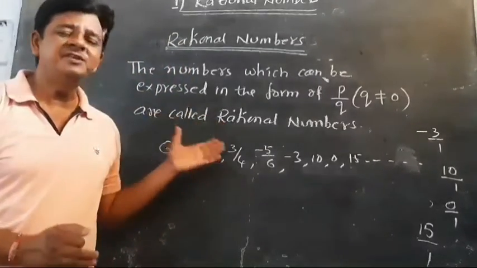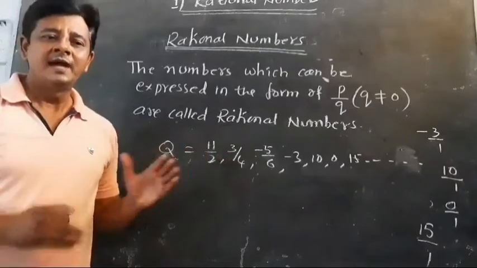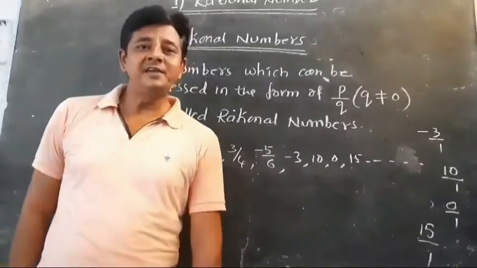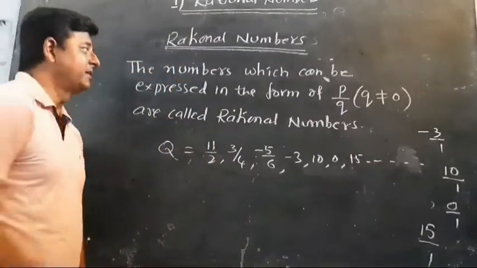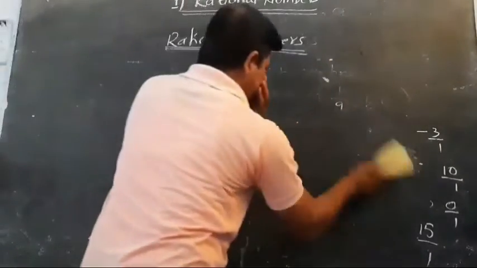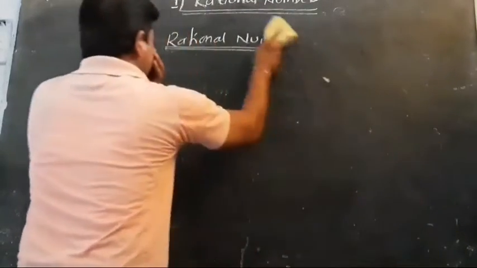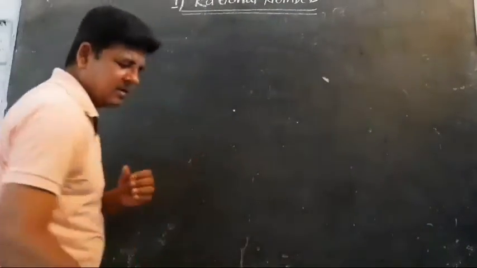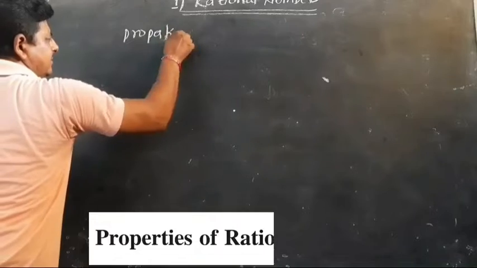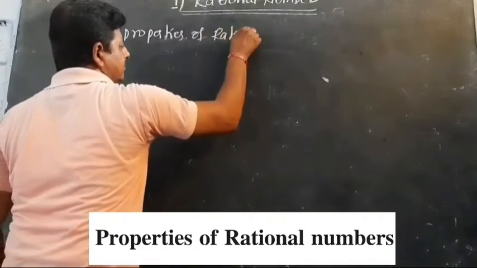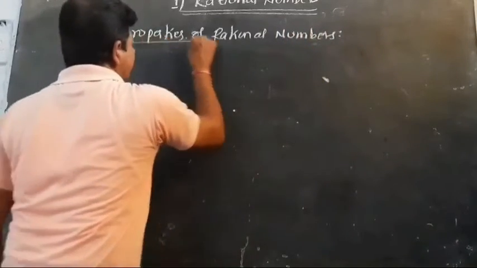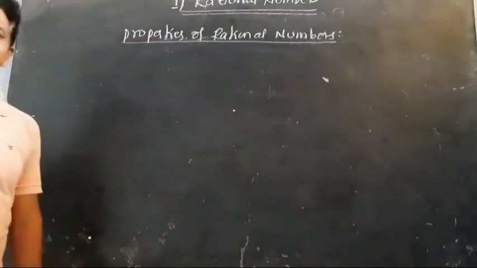Okay? Now that is the definition of rational number. Right? And the next part we are going to take is the properties of rational numbers.